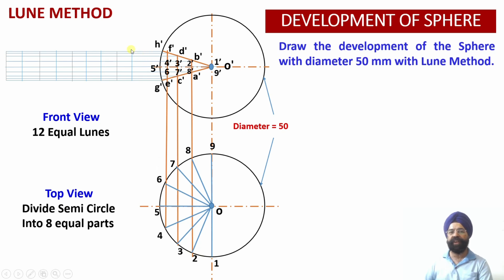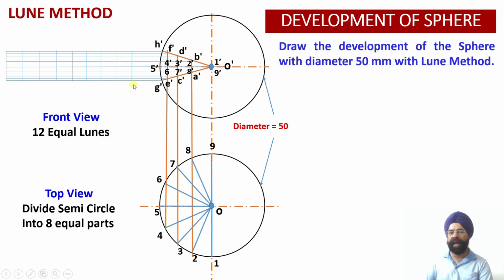Whereas in manual drafting, because we are using a scale, divider or compass, we are able to measure chord length, the straight line distance between point 1 and 2, 2 and 3, 3 and 4. So these will all be equal. Right now we are measuring the chord length, that is the straight line distance between point 1 and 2. But using software, you can measure the arc distance between point 1 and 2, the arc length, rather than the chord length.